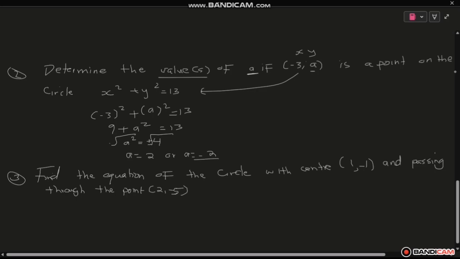So you leave it like this because the statement said determine the value or values. So it might happen that we have two values, the value of a as a positive value and the value of a as a negative value.